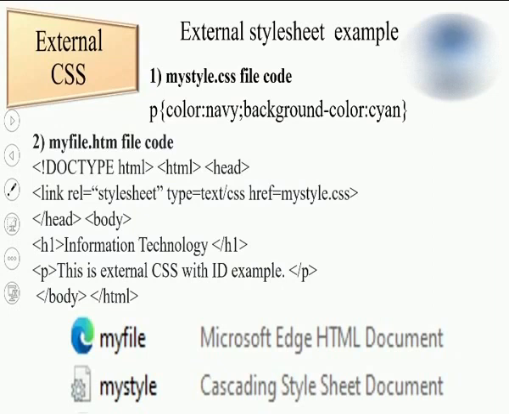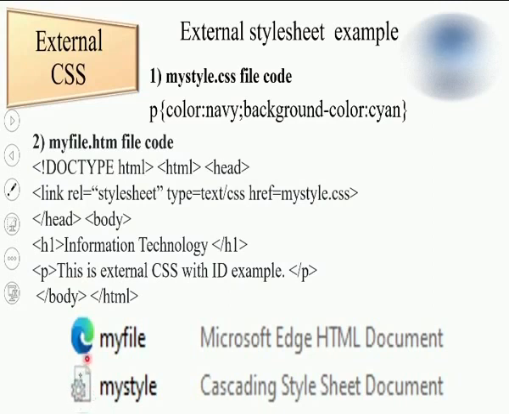Students, these are the icons which I want to show you. If you save these two files, the first file has the Microsoft Edge browser icon, so that's why this icon came. Your icon might be an Internet Explorer icon or a Chrome icon here. So this is my Edge document, which is myfile.html. This icon can be, as I said, Chrome, Internet Explorer or Firefox, depending on which browser you are using. This style file is not going to change.